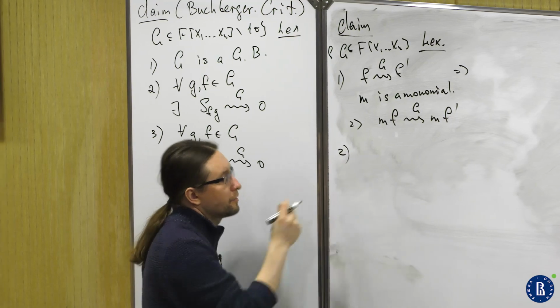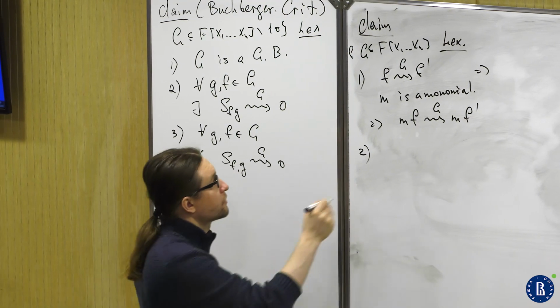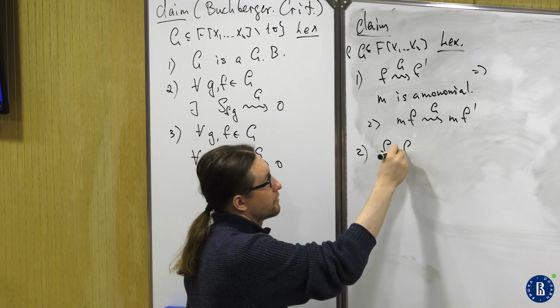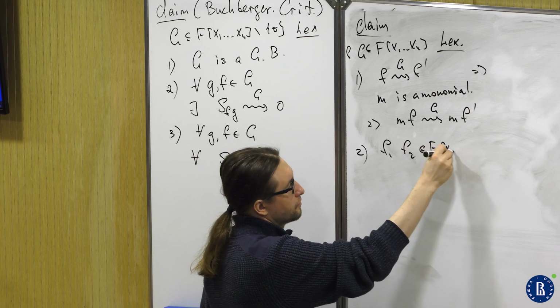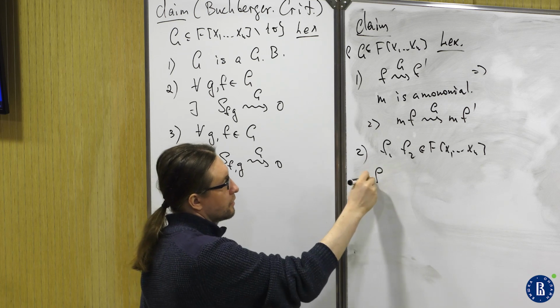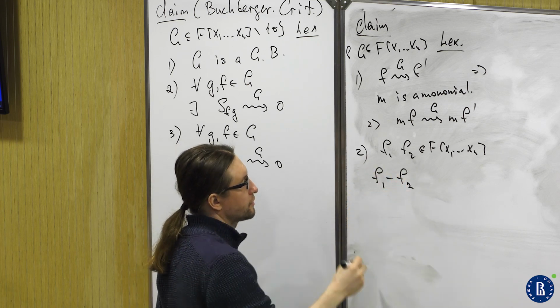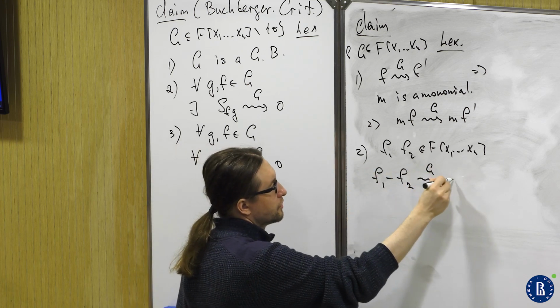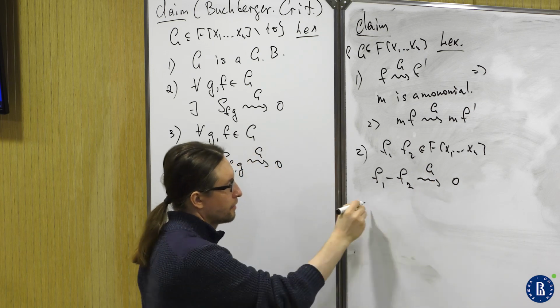And the second thing, suppose we have two polynomials, F1 and F2, then suppose that the difference of these two polynomials can be reduced to 0.